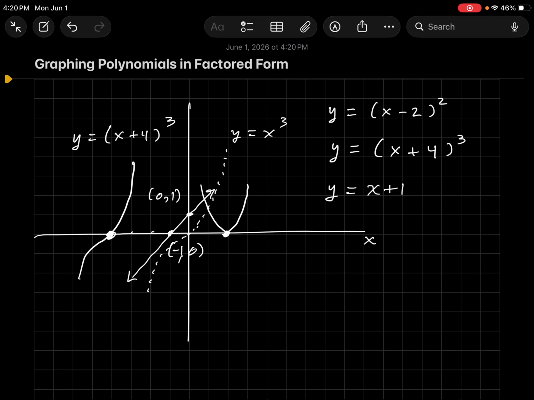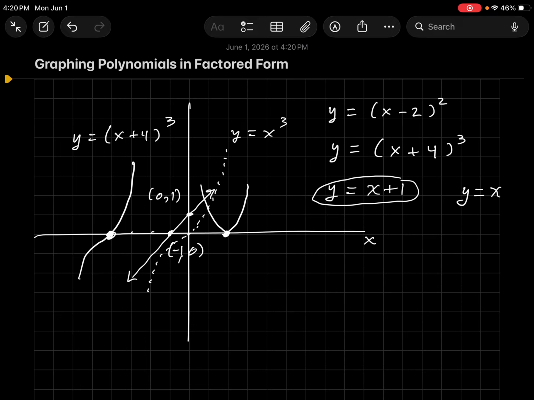So you can think of this as the line being shifted 1 to the left. That is the parent function y equals x getting shifted 1 to the left. But the most important part is that the graph goes through the axis, at least the most important part for what we're about to do.